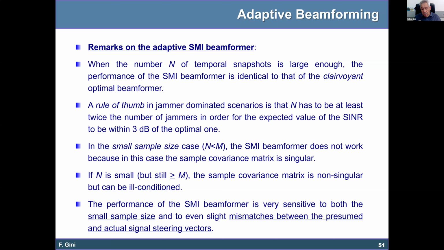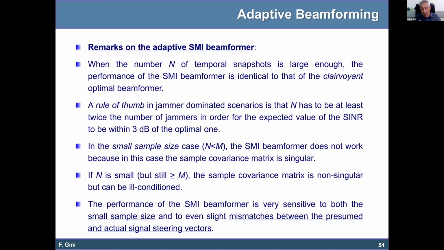But this is not the only case where we are in trouble, because even if n is greater than m, so theoretically you can calculate the inverse, because of the error in the estimation, the matrix is ill-conditioned. So if n is small, it may happen that the matrix is ill-conditioned. When you calculate the inverse, the result is basically totally wrong.